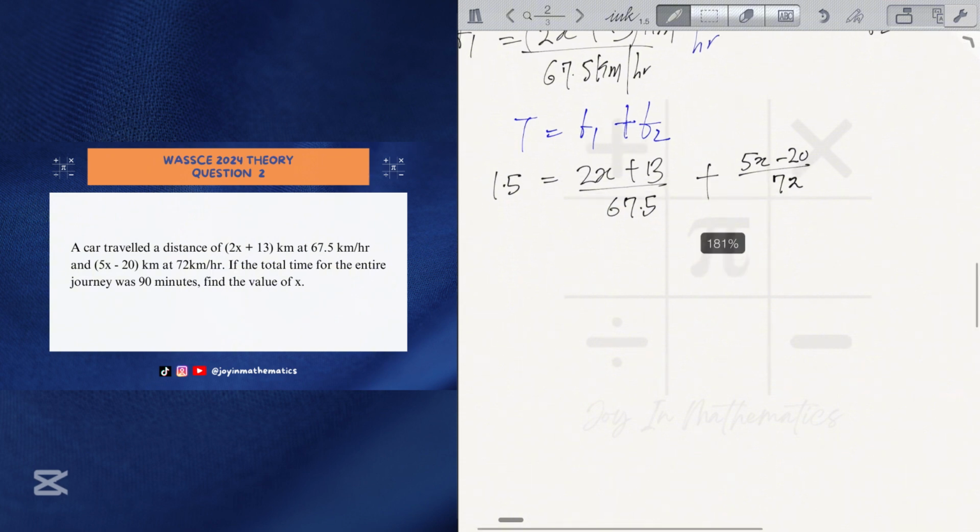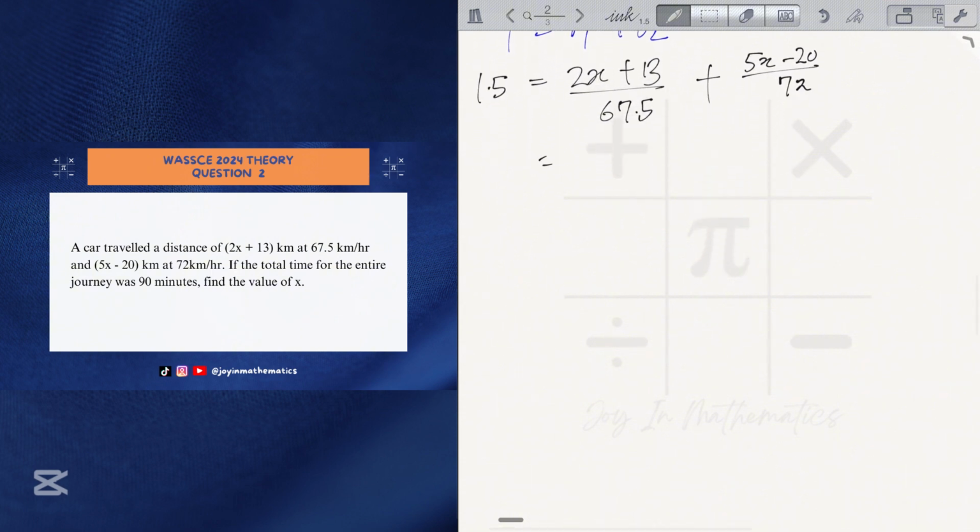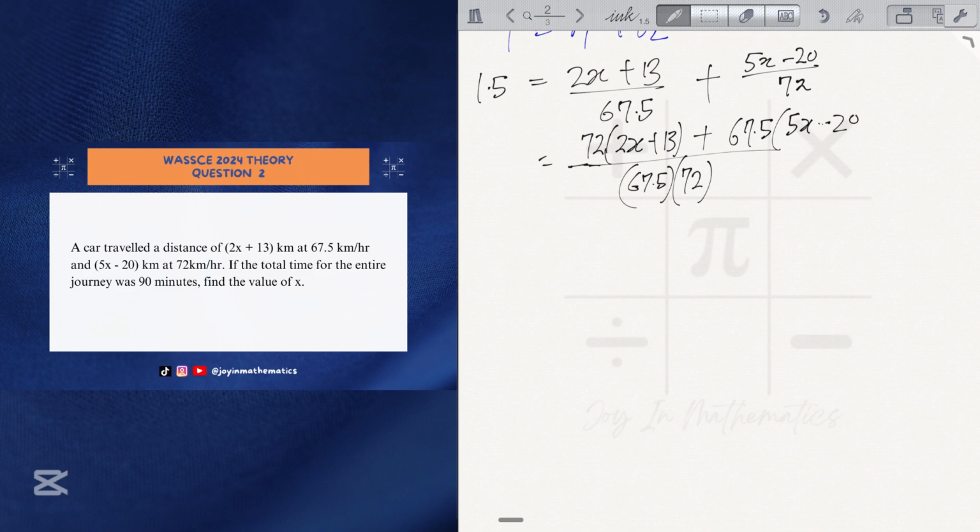To simplify this, we use the LCM, which is 67.5 multiplied by 72. The numerator of the first term is 72 multiplied by 2x plus 13, and the second term is 67.5 multiplied by 5x minus 20. Everything is equal to 1.5.